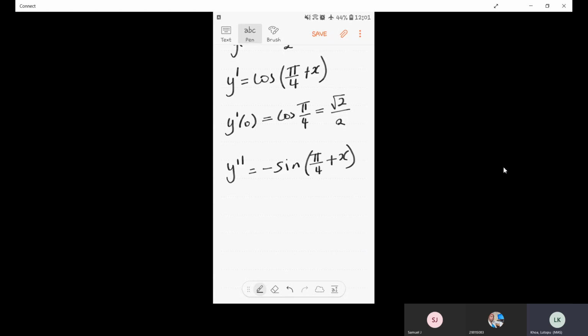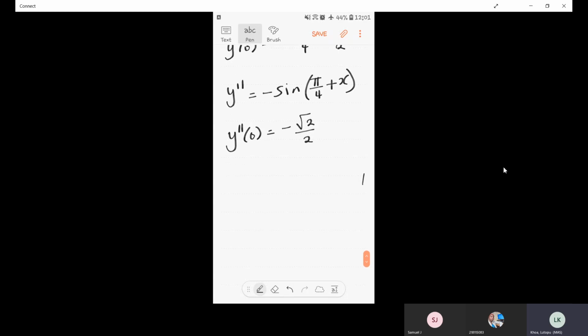And then the derivative of the inside is 1, so this is my second derivative. So y double prime of 0 is minus sine of pi over 4, which is just minus square root of 2 over 2. Then I want one more term, so I will work out the third derivative.